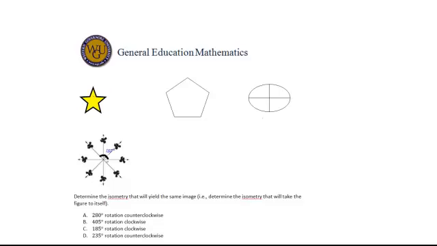First of all, we're going to take a look at this star, and you'll notice if I rotate it, let's say in the direction a clock would go, or clockwise, that it can map onto itself. So this point would map onto this point, and this point would map onto this point, and so on.